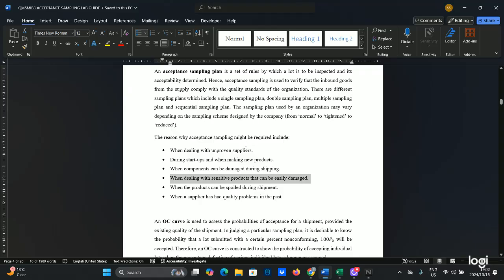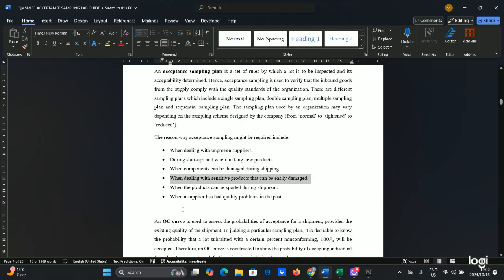An acceptance sampling plan may differ from company to company. Some companies have a single plan, and then there's a double plan, and then sequential, and different sets of sampling plans that I won't cover in this lab. In this lab, we'll only be focusing on single and double sampling.